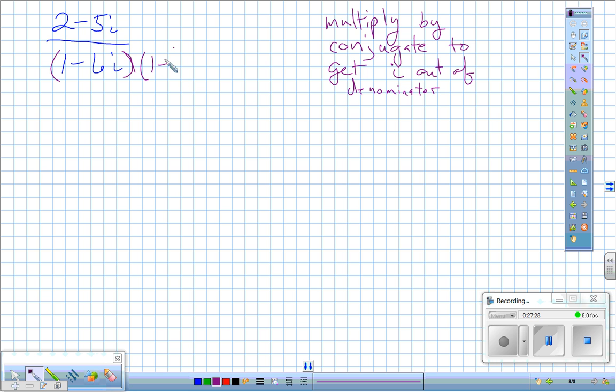So I have 1 plus 6i over 1 plus 6i. That's the same thing that we do with our radical signs. We do that because I'm multiplying by 1, so in order to not actually change anything, I multiply by 1 in a different form.